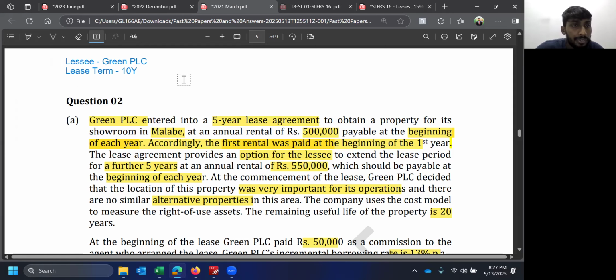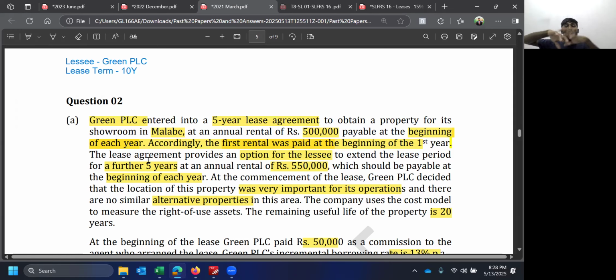Why? Because if you can remember, I told you, when deciding the lease term, we need to consider optional extension periods and optional termination periods if those are reasonably certain to exercise. That reasonability will depend on whether we have an economic incentive to do so. Now, if you look at this question, it clearly says at the commencement date, Green PLC has decided that the location of this property is very important, and there are no similar properties.